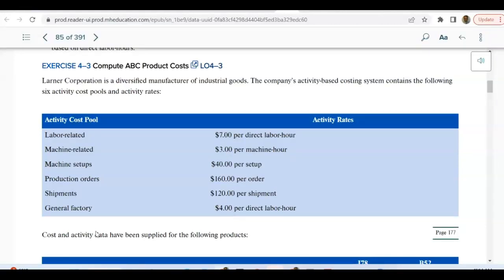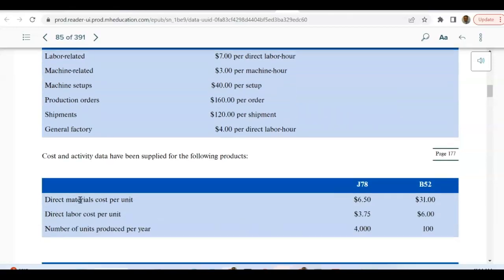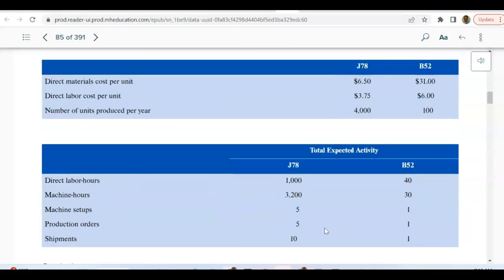Now, the cost and activity data have been supplied for the following products. So we have direct materials for products J78 and B52. Direct labor again for each one. And the number of units that we produce. Now, here it says the expected activity for direct labor hours for J78 will be about 1,000 hours of labor.